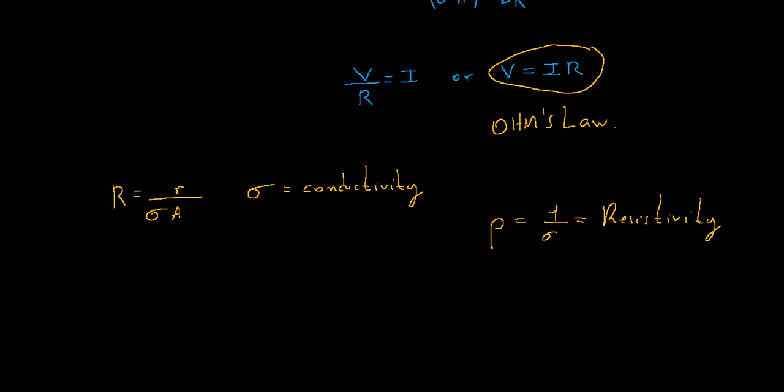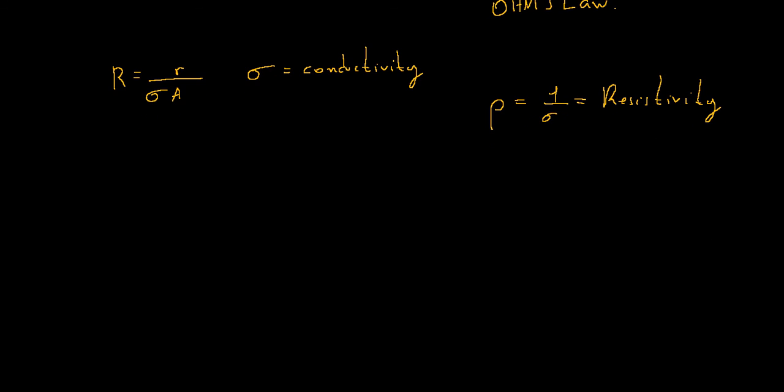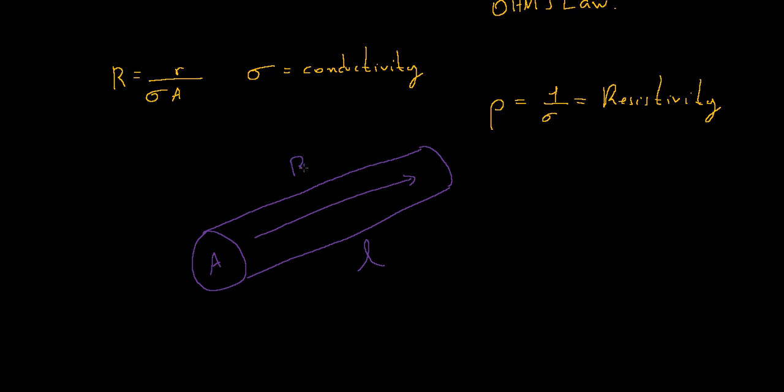Now the resistivity is also dependent on the material you're working with, just like the conductivity. Some materials have higher resistivity and some others have lower resistivity. So let's suppose we have a conductor here, a piece of material, and this has a length L and area A, and there's a current flowing in here, and it offers a resistance R for the current. So there's also a potential difference V between these 2 points, a current I flowing in here, and a resistance R.